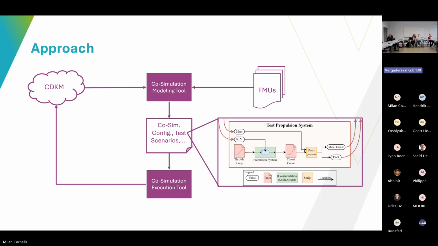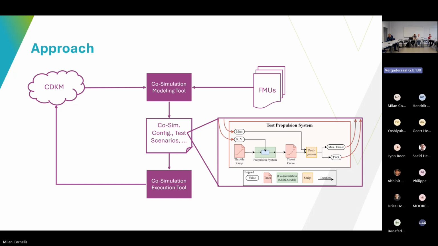So I mentioned these test scenarios. This is an illustration of what these test scenarios are. Basically, you can define different tests, different analyses with different analysis steps. For example, these steps could be running co-simulations. It could be running scripts, for example, for post-processing or pre-processing, or also just for standalone analyses.